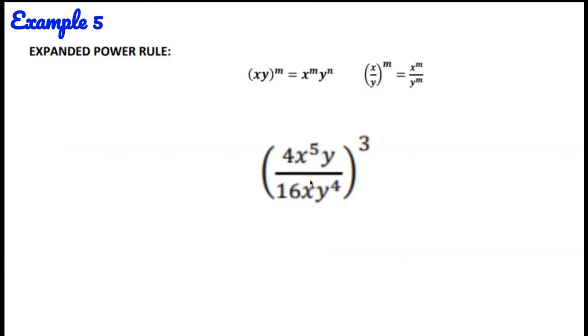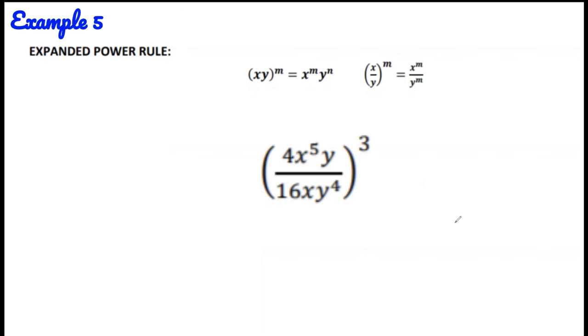It's totally up to us which procedure we want to follow. I like to simplify inside and then distribute so I don't deal with huge quantities of numbers. So for example, 4 to the power of 3 or 16 to the power of 3, that's going to be a large number like 4,096. I'd rather simplify first and then distribute that power that's outside.